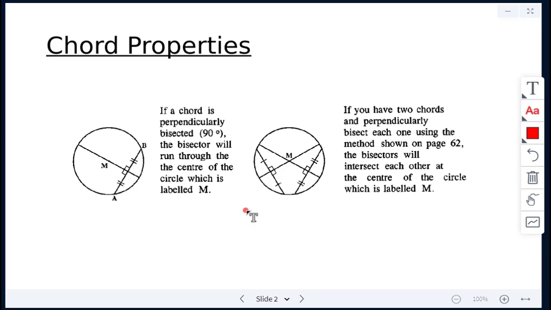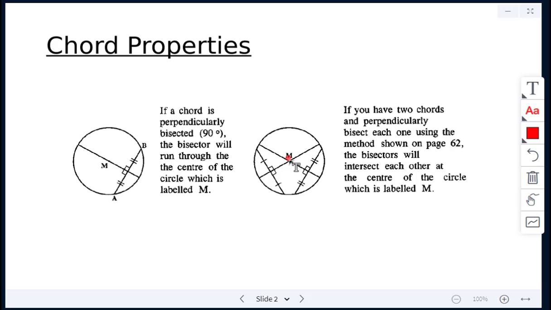So if you have two chords, in this case we have a chord here and we have a second chord here. And if each one of those two chords is perpendicularly bisected, so we can see bisected here and bisected here, the bisectors will intersect each other at the center of the circle.